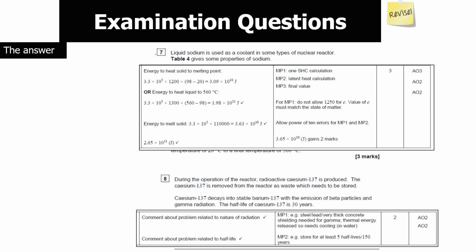So you can think of having a shield, like a steel or lead or very thick concrete wall, and also possibly being in water to shield it and also to cool it. The other idea is that the half-life of cesium is 30 years, so you'll need to store it for a very long time. Now the general rule in radioactivity is to store it for at least 5 half-lives, so it's down to a very small percentage of its initial value. So you'd say you'd have to store it for at least 150 years because one half-life is 30 years.